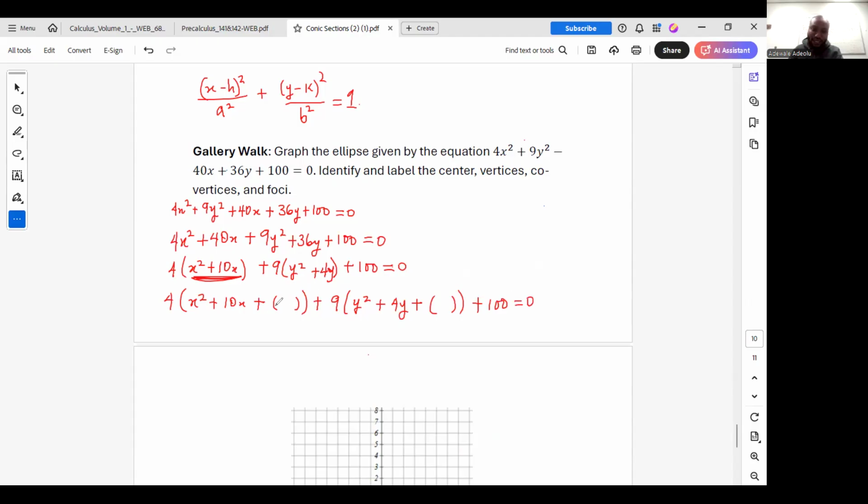Now, what quantity am I adding? This is minus 40. Why did I write plus? See, this is minus 40, so that should be minus here.